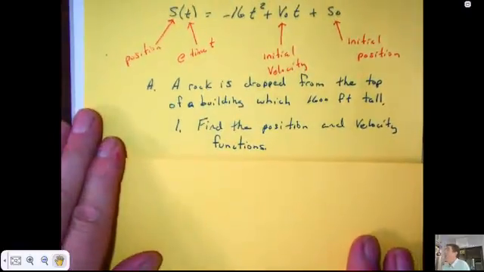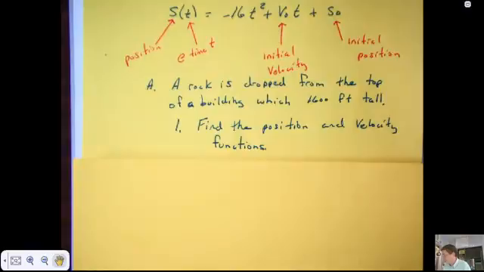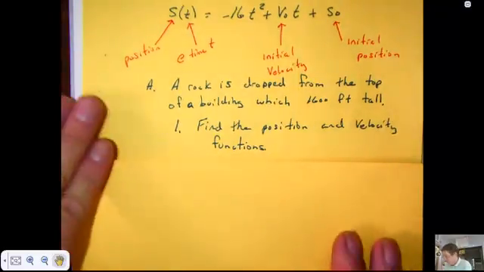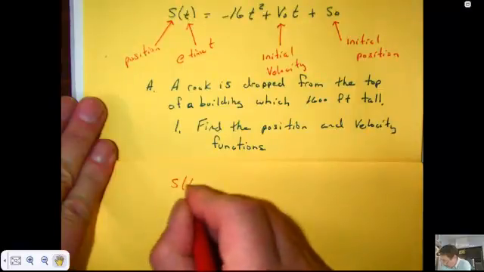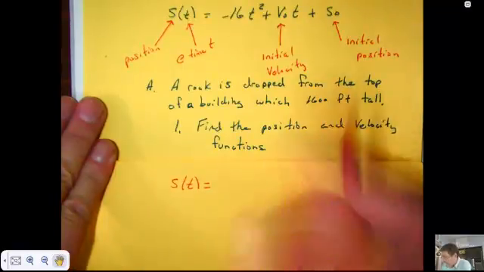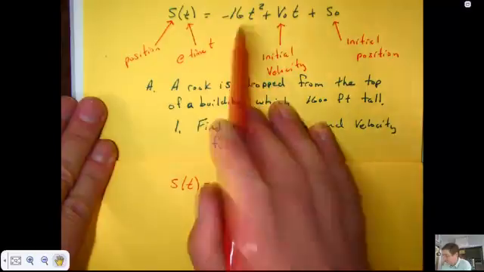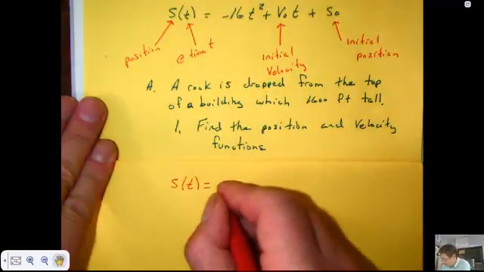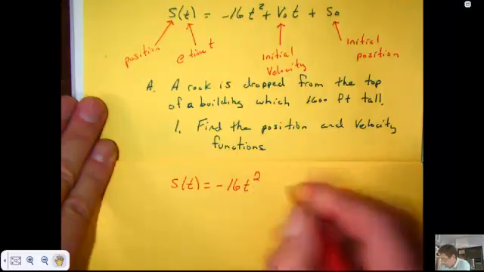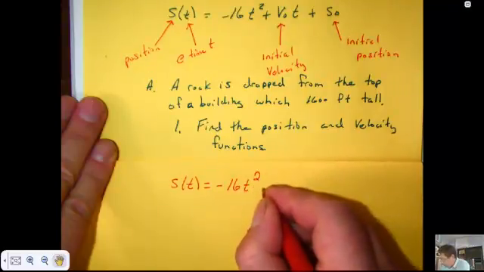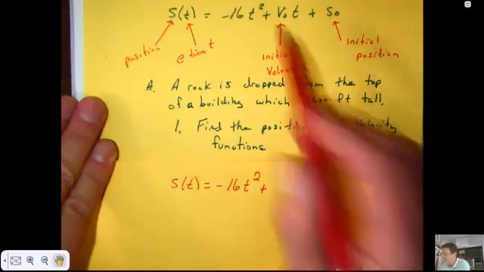Okay. So position function, right? We just need to fill in our variables. s of t equals, let's read this off, negative 16 t squared plus, what's v sub 0 going to be?